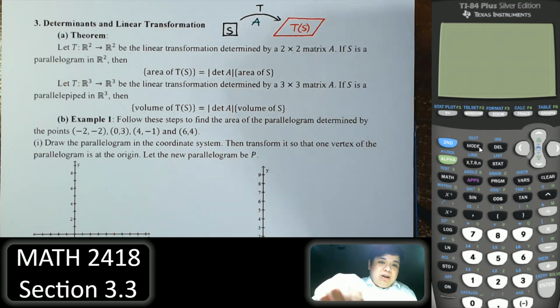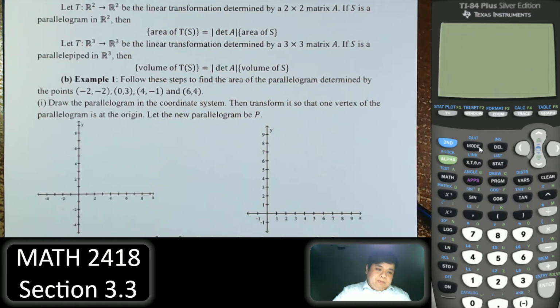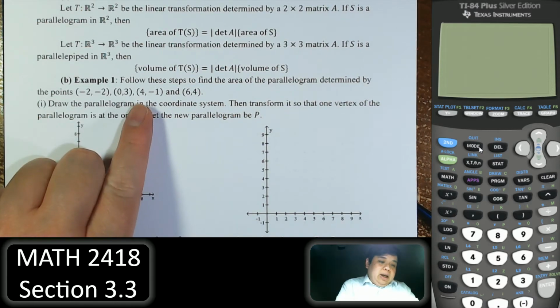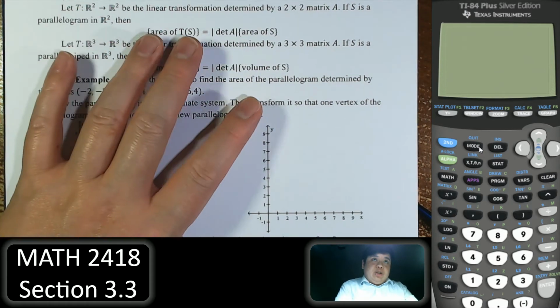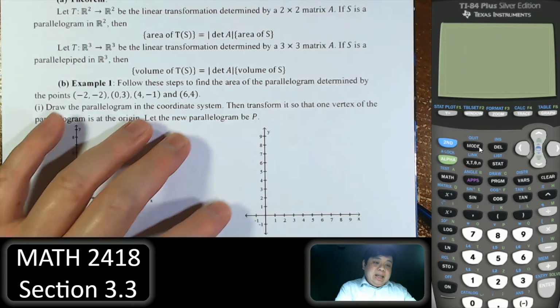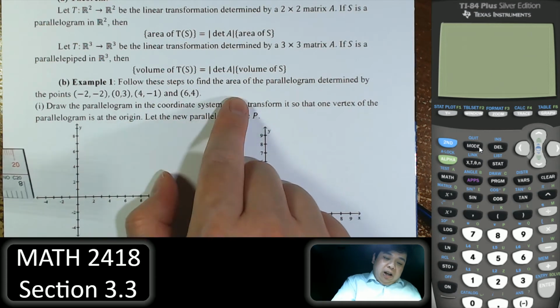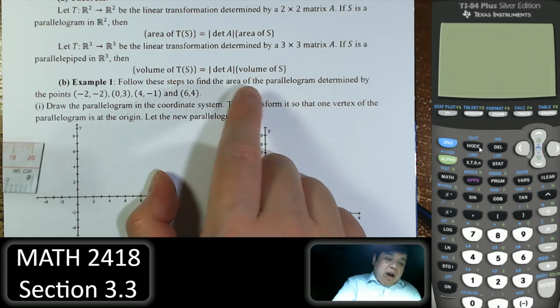Actually this is very interesting. So let's look at this example. This is a step to help us prove the theorem, not actually how to do this step by step. The task is to find the area of the parallelogram determined by these points.